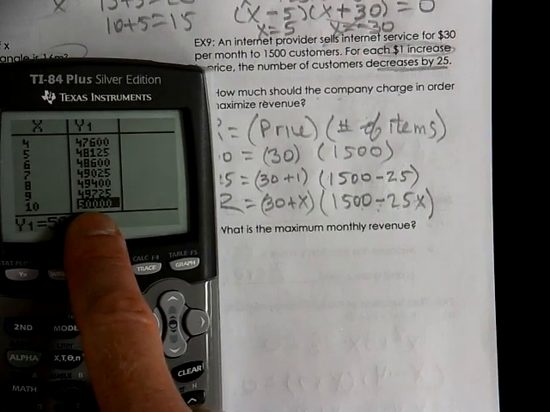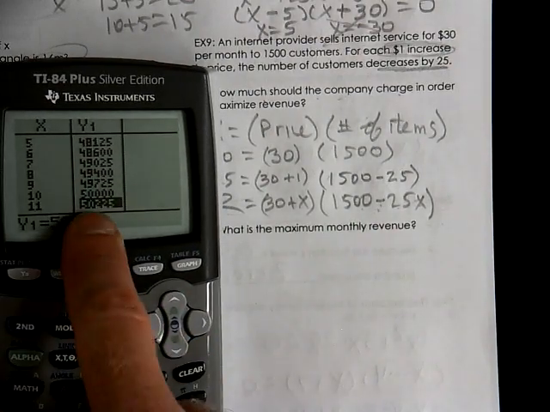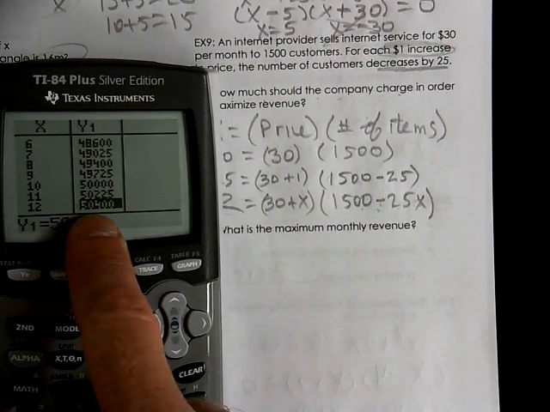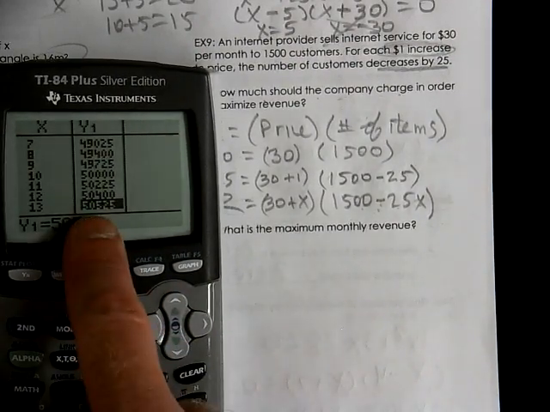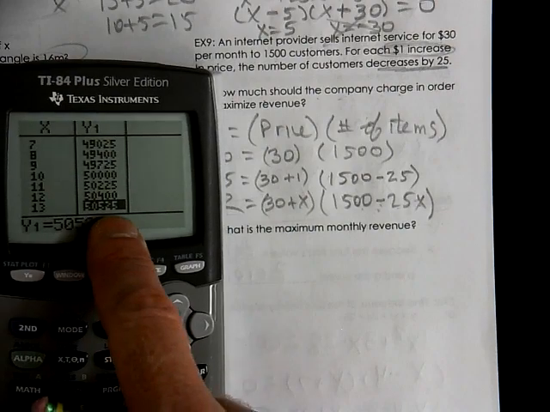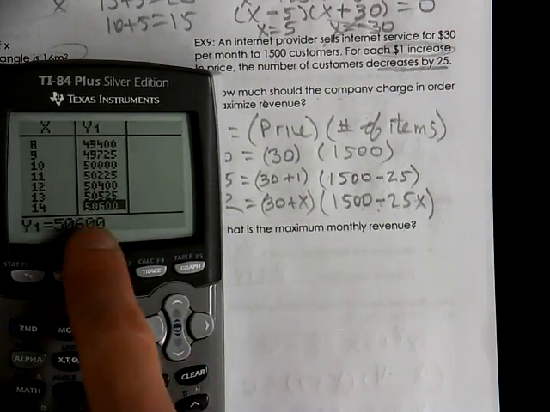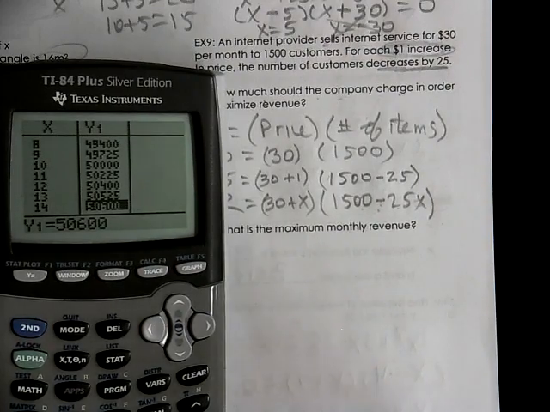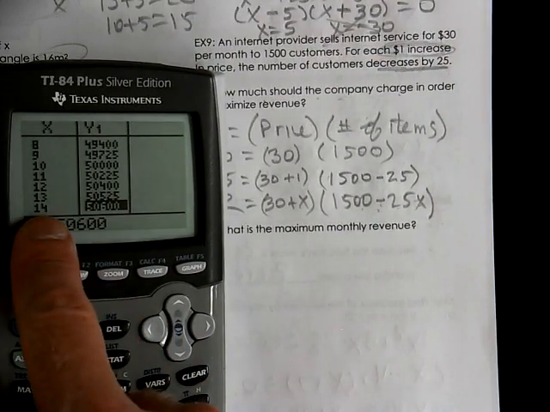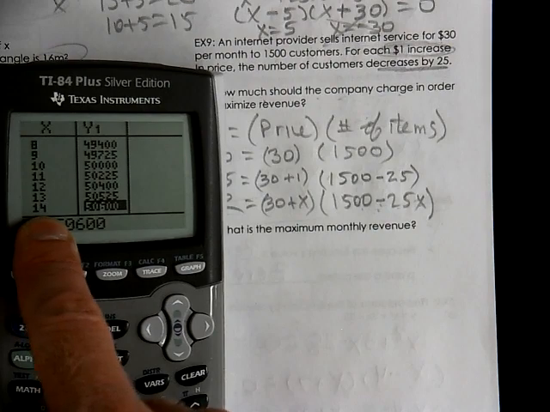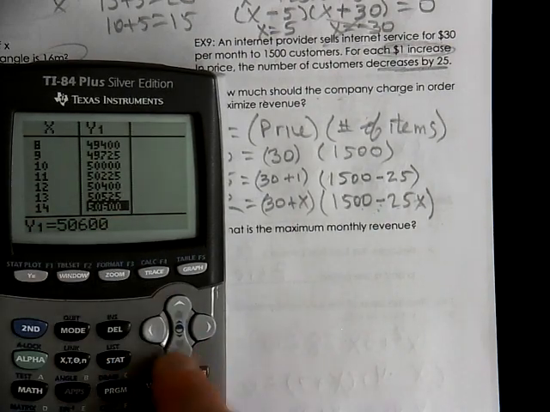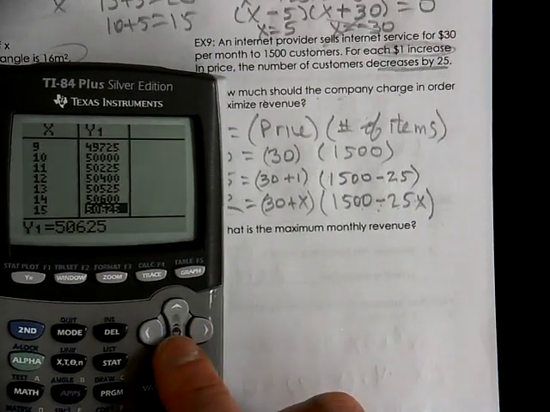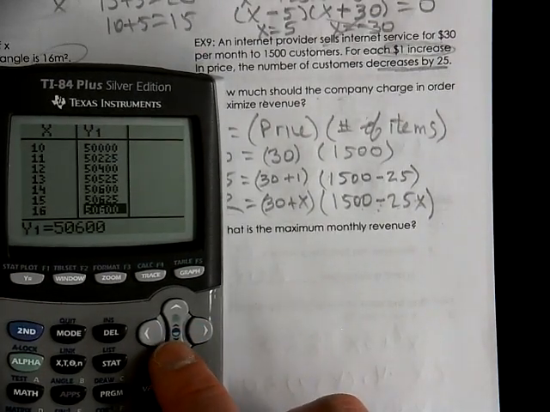Okay, there's 50,000, 50,225, 50,400, 50,525, 50,600. So we're making even more money. If we increase the price by $14, we even make more money. But if we increase the price by too much, there it is.